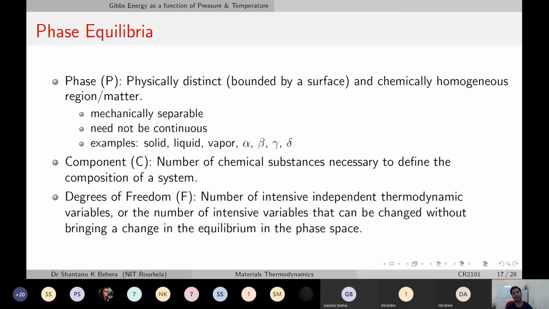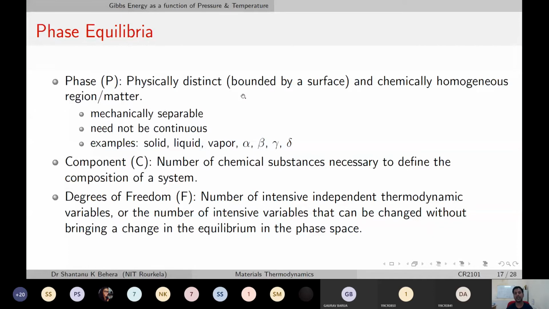Likewise, you can have different forms of liquid, although it's not very prevalent, but you could still have different kinds of liquids. Of course, you have vapors. So the vapors for different types of liquids and many different types of solids, these are all typical phases and are distinct phases, right? So that we call a physically distinct and a chemically homogeneous substance, right?